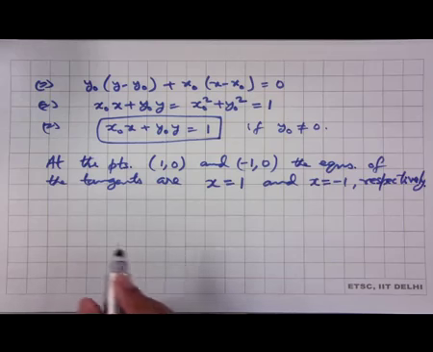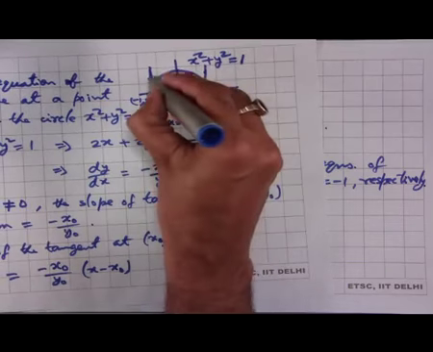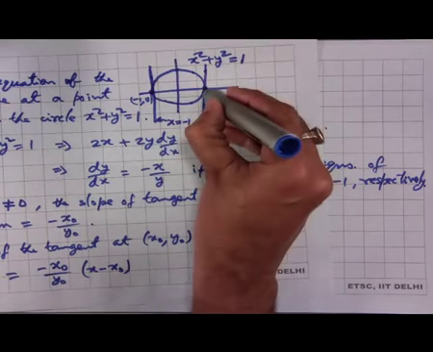So, here what happens is that the slope of the tangent line is infinite.